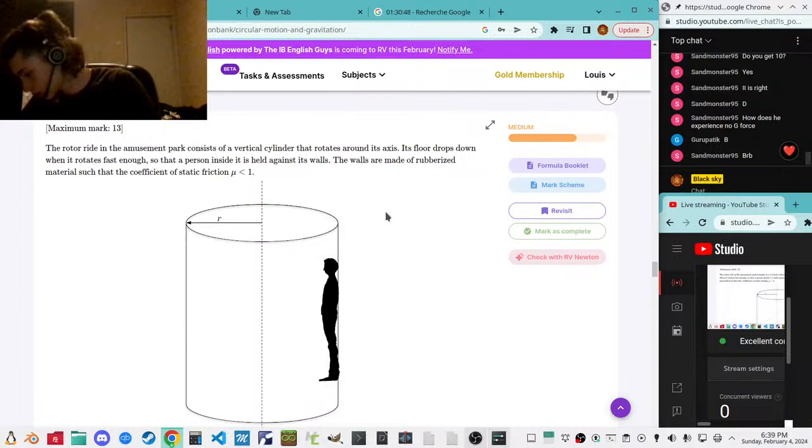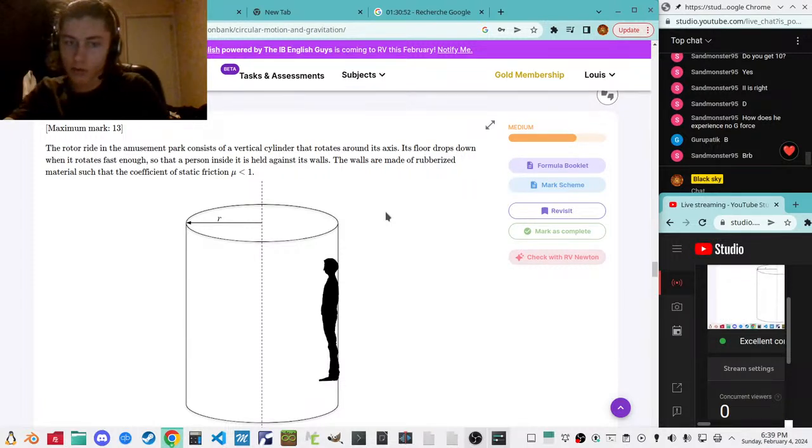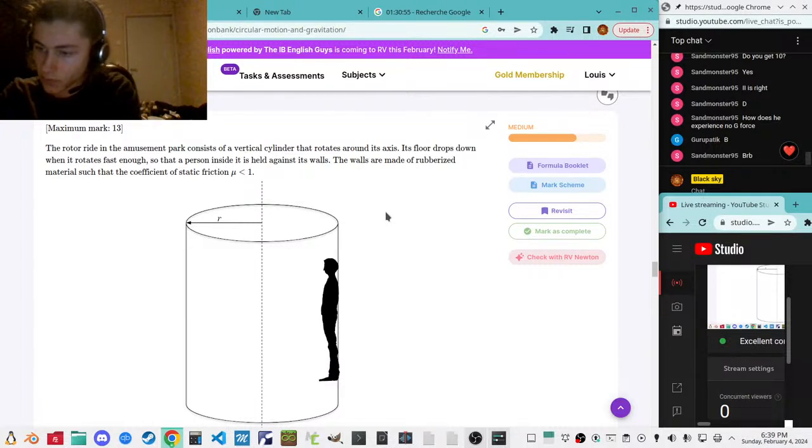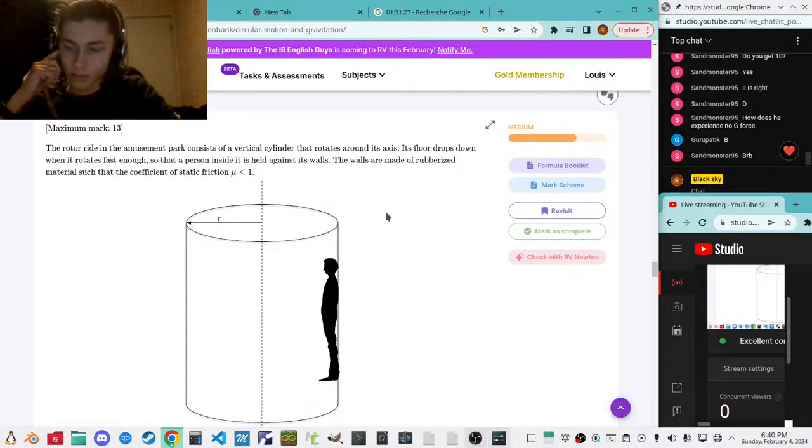The rotor ride in an amusement park. A rotor ride in the amusement park consists of a vertical cylinder that rotates around its axis.